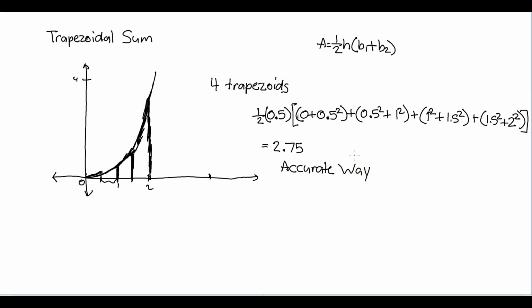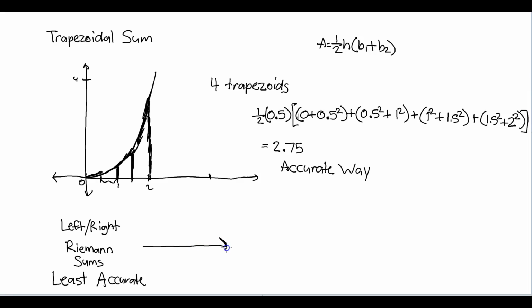Okay, so you can kind of rank them in accuracy. So you have left and right Riemann sums. This is the least accurate, usually. And then you have the midpoint sum. Well, it's kind of a tie.